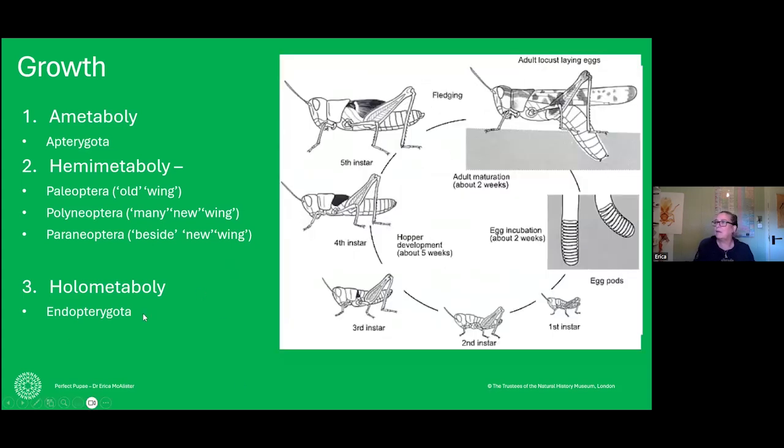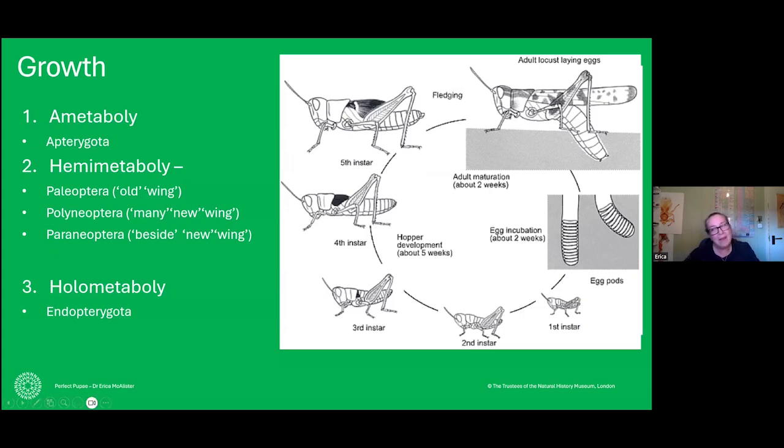Here's an example with an orthopteroid insect, a grasshopper, and these undergo this partial or incomplete metamorphosis. This includes most of the insects, such as the Hemiptera, the true bugs and their allies, the Orthoptera, the grasshoppers, the bark lice, all of those sorts of things, what we most affectionately call in the museum small orders. These are the ones that go through this incomplete metamorphosis, and you recognize them.